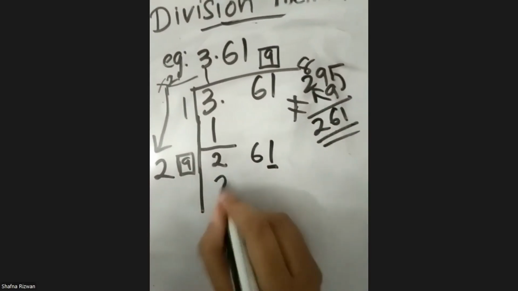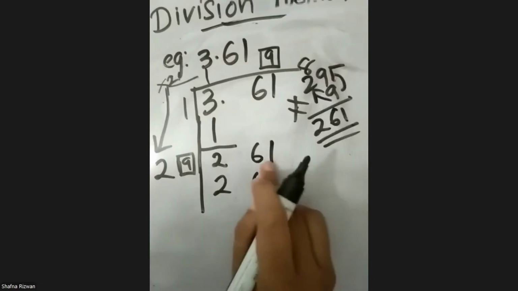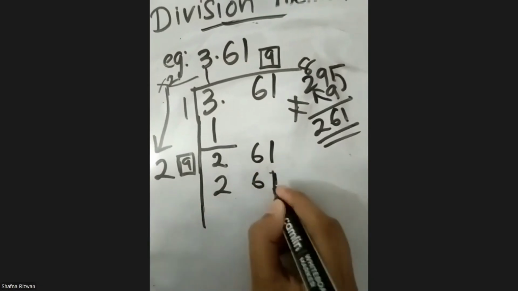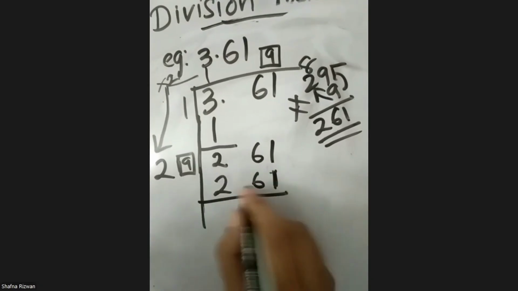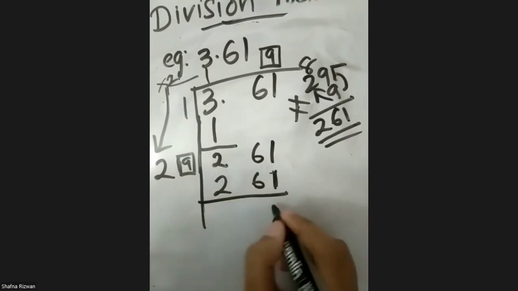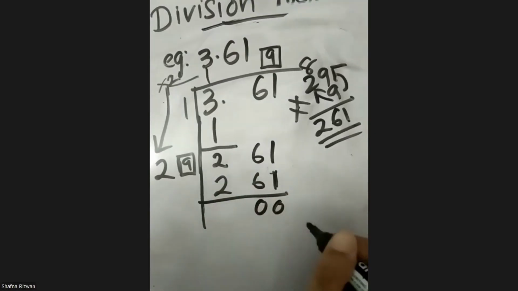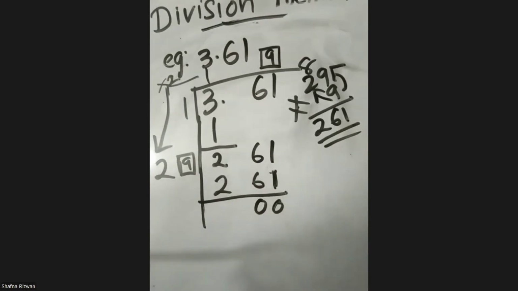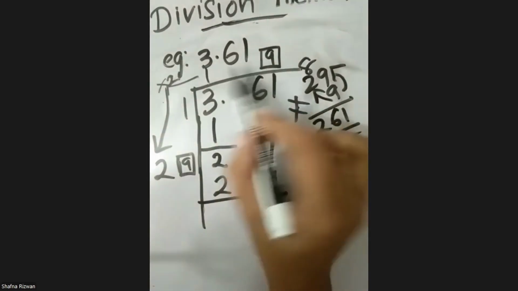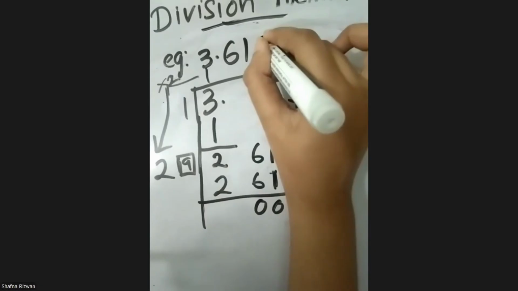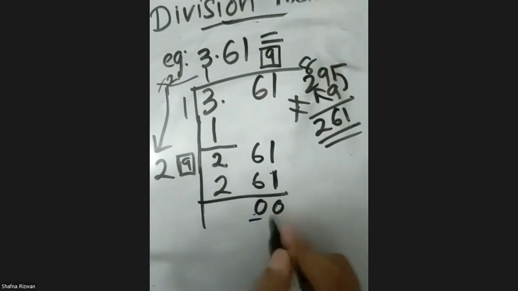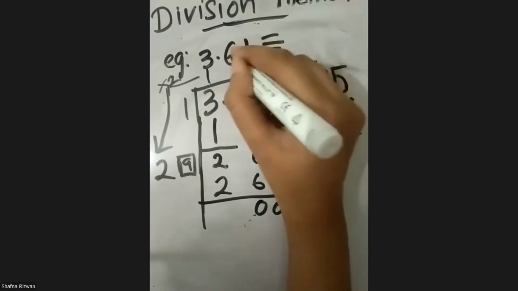So come and write here 261. And after that, you have to subtract it here. 261 minus 261 is 0, right? So what's the answer that we got here? That is 19. And it's perfectly dividing. So I can write equal.